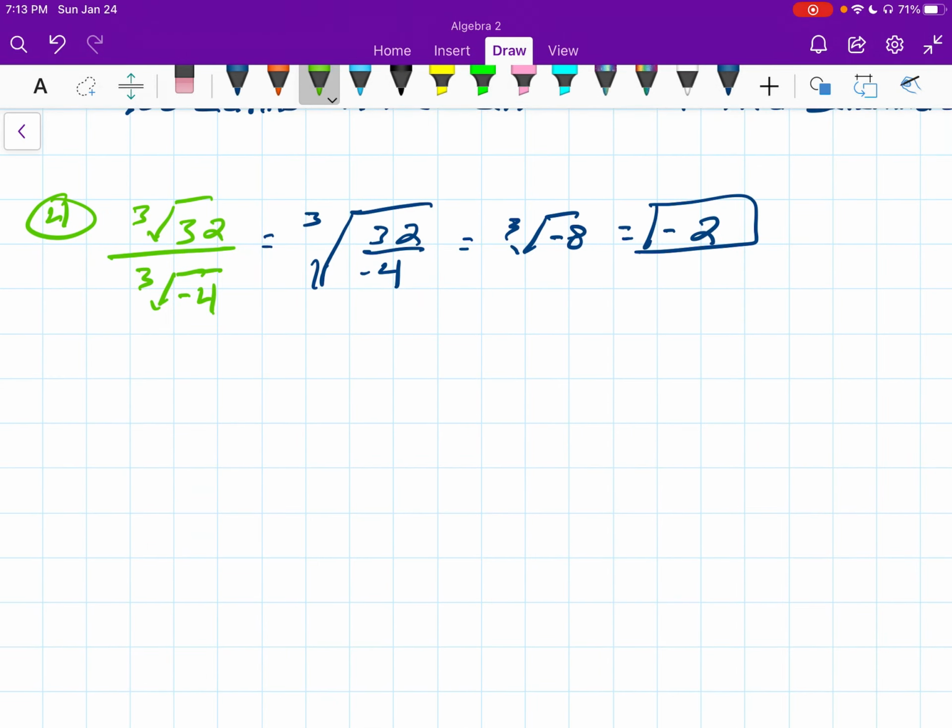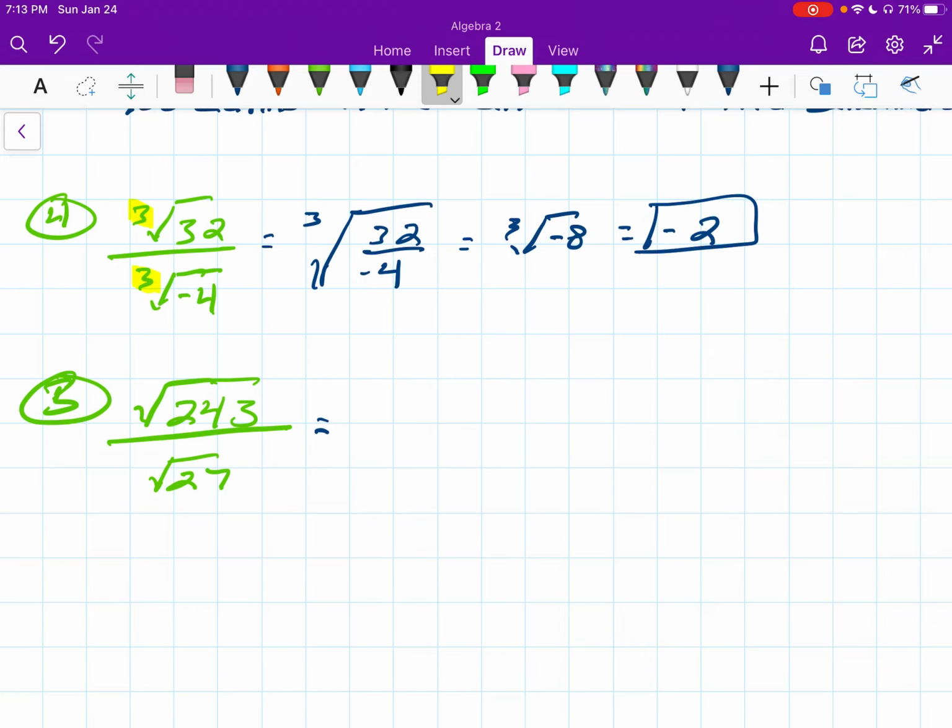All right, example number 5. We have the square root of 243 over the square root of 27. Again, because those are the same type of root, and I don't know if I've emphasized that very much. In example number 4, they were both cubed roots. Here, in number 5, they're both square roots, right?